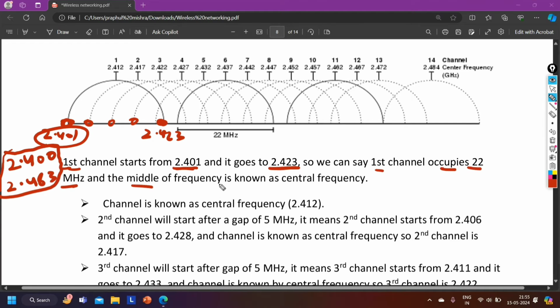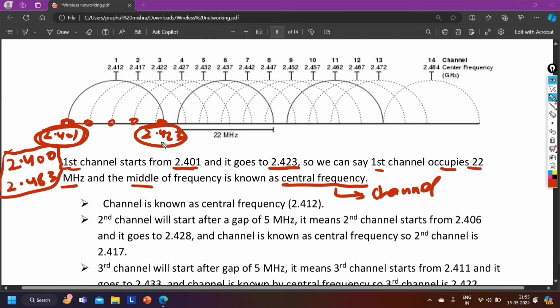And guys, the middle frequency is known as central frequency, and your central frequency is nothing but channel, right? So may I know the channel number 1? What is the frequency of channel number 1? Tell me the middle frequency of these 2 points. This is a starting point, this is ending point.